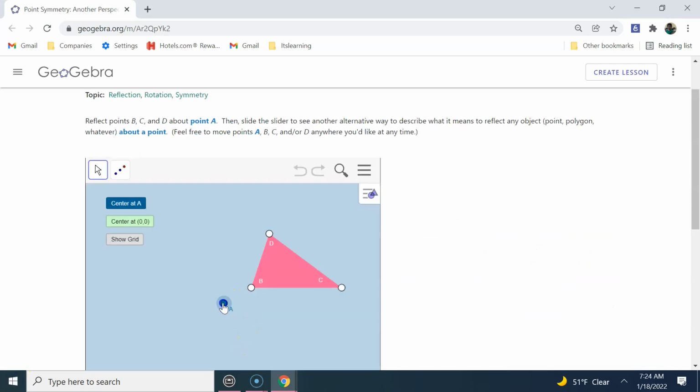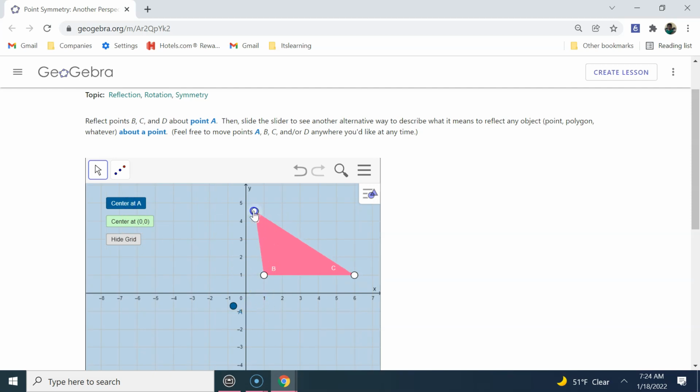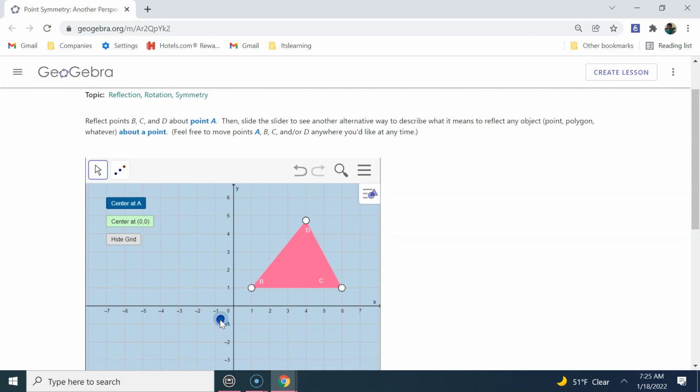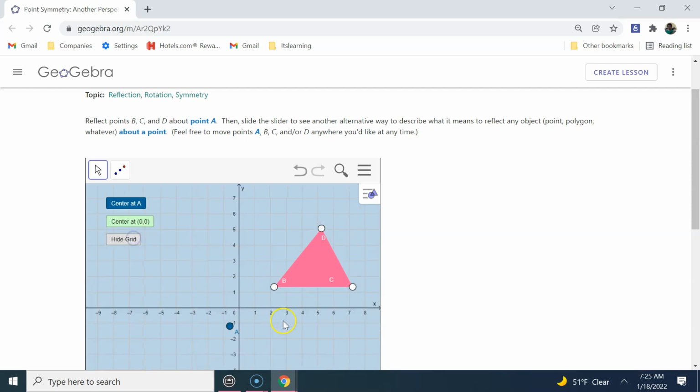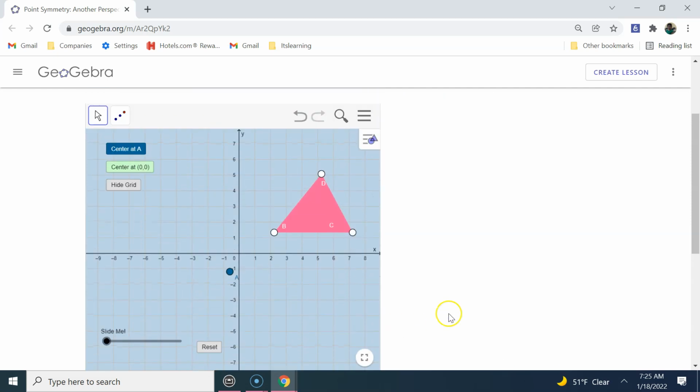The next one is the point of symmetry. So I'm going to go ahead and slide it.